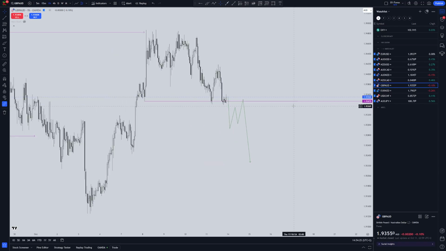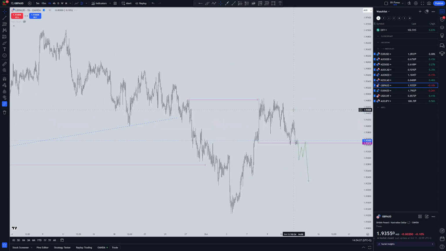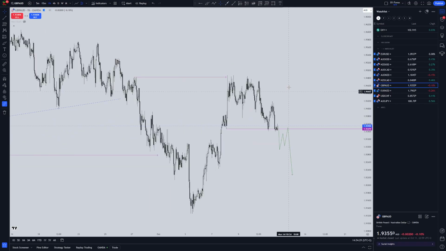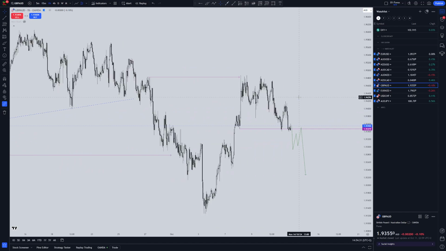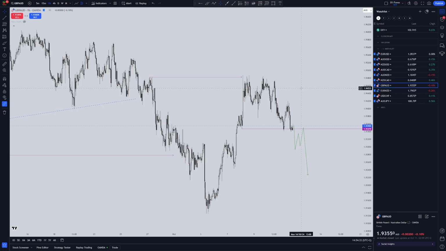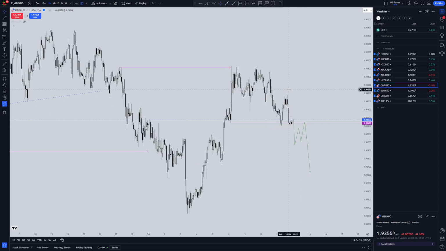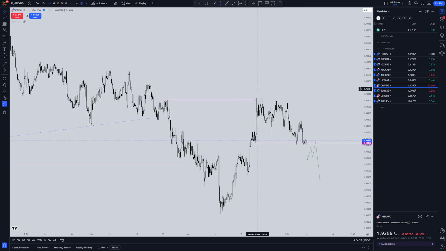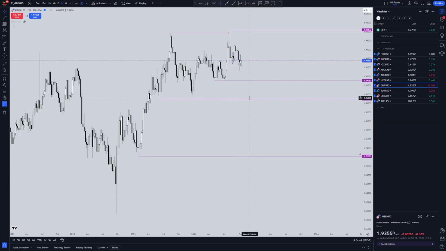Next one would be pound Australian dollar. When we say the overall picture of Australian dollar is the next stronger currency for the coming week next to the US dollar, then my bias is actually for pound Australian to go further down.